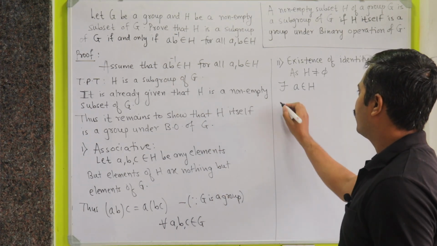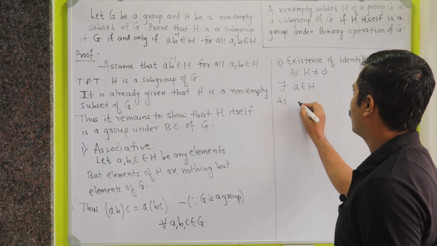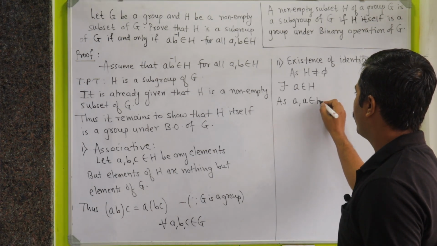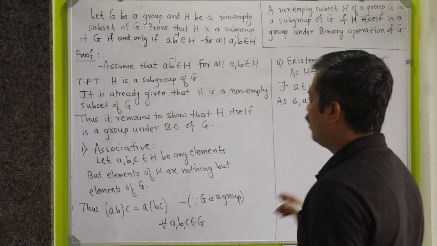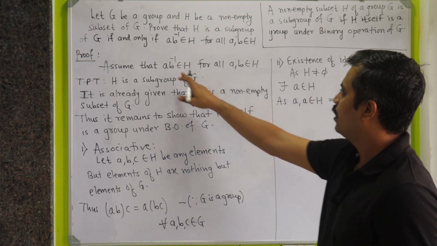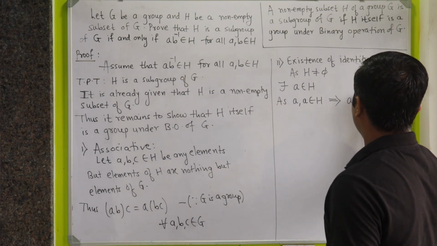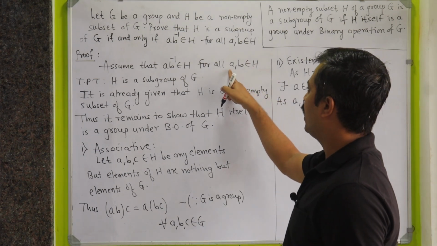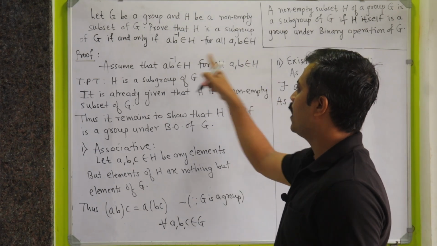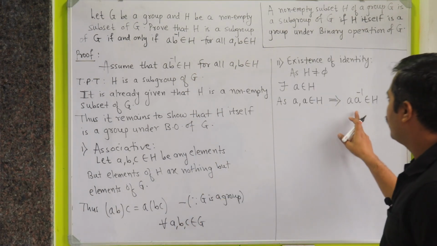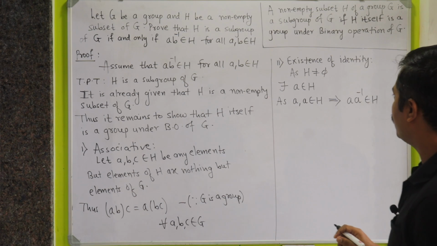We will just write this A two times. So as A, A belongs to H, what will it imply? It will imply that A into A inverse belongs to H, because what do we have here? AB belongs to H is implying AB inverse also lies in H. So that fact we have used.